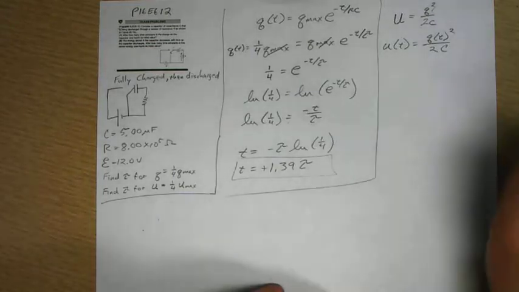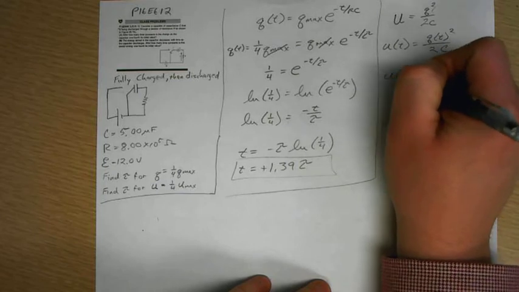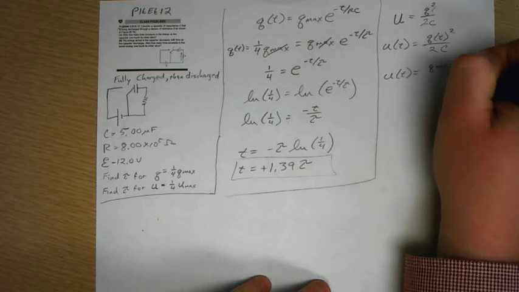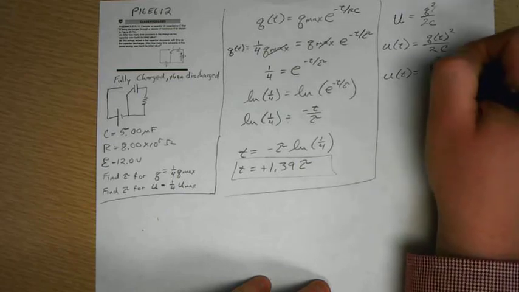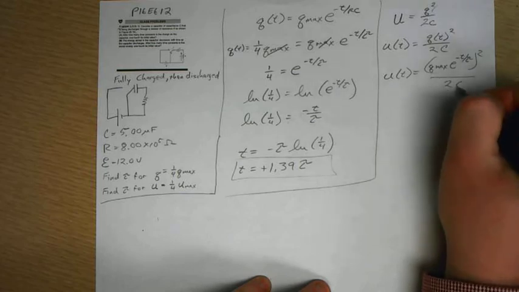We can also say that Q of t equals Q max e to the negative t over tau. This is all squared because that's Q of t over 2C.